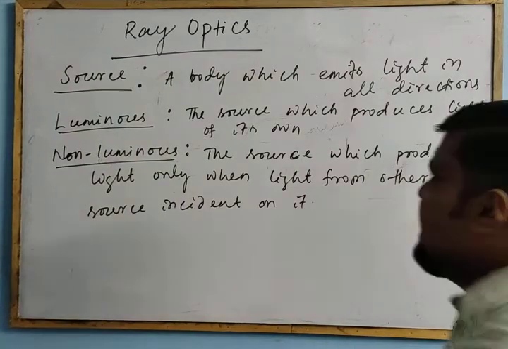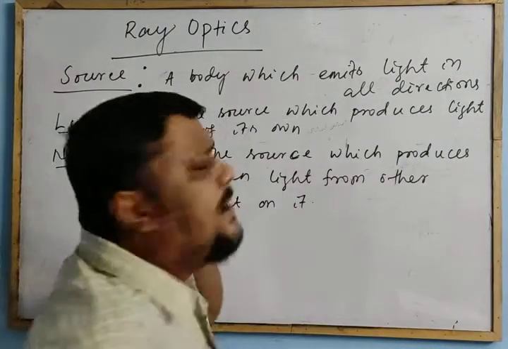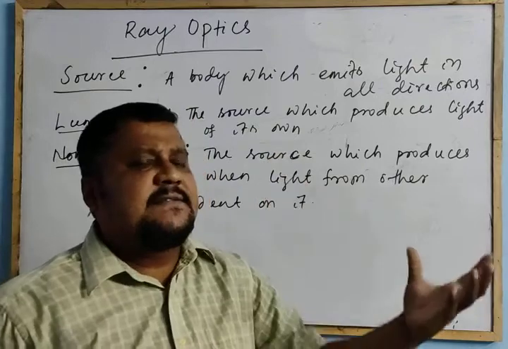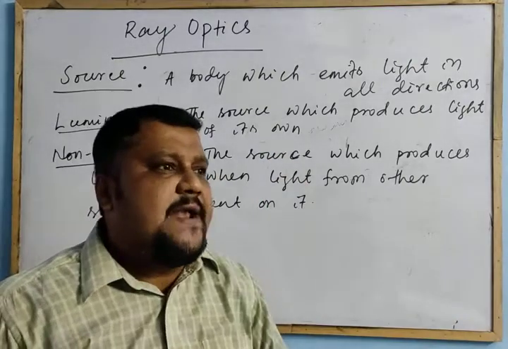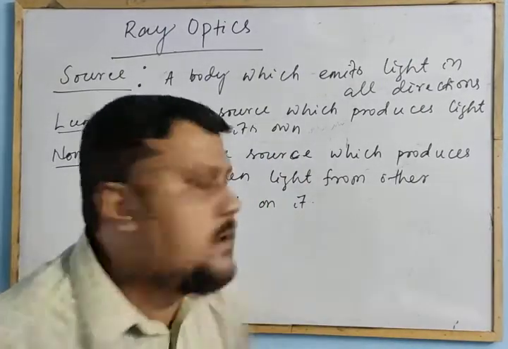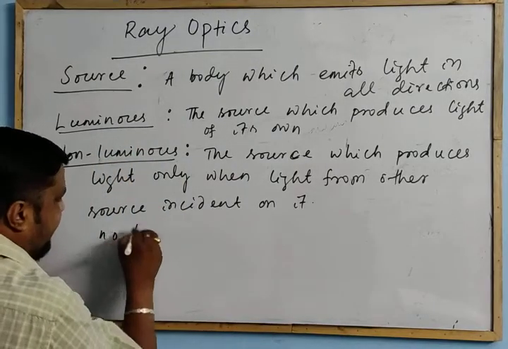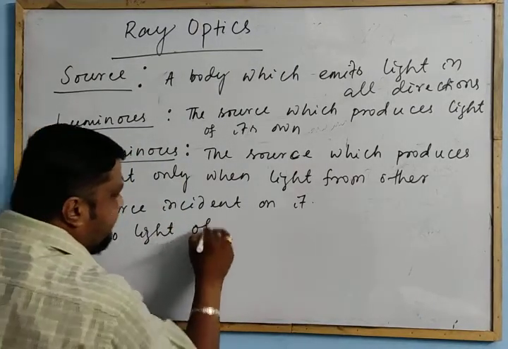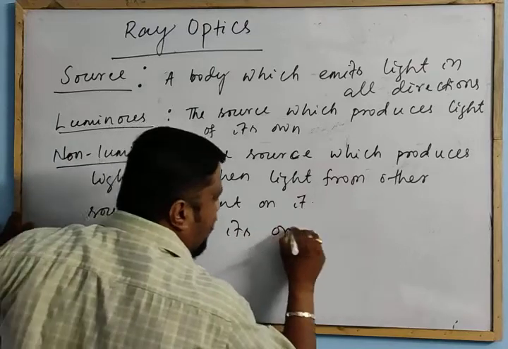Means we can say a non-luminous source is the source which has no light of its own.